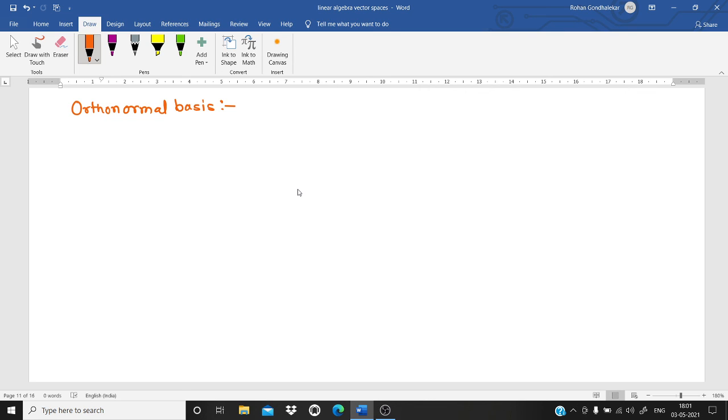A set of vectors in an inner product space is called an orthogonal set if all the distinct vectors are orthogonal. That means the inner product of u with v is 0.